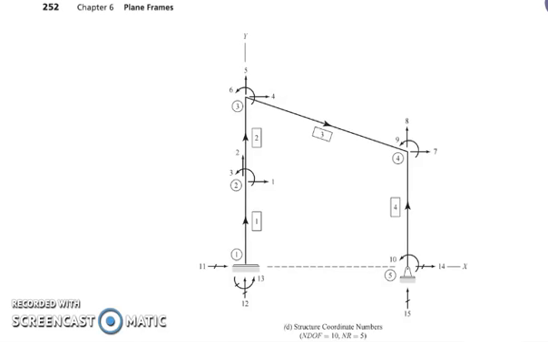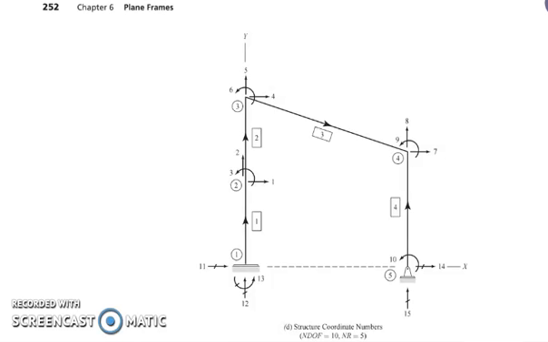So we're going to start with joint 1. So this is our joint 1. We number that joint 1, joint 2, joint 3, joint 4, and joint 5. Now for joint 1, this is fixed, so there is no degrees of freedom. For joint 2, of course, there is no support. This is a free joint, which means that there will be 2 degrees of freedom.